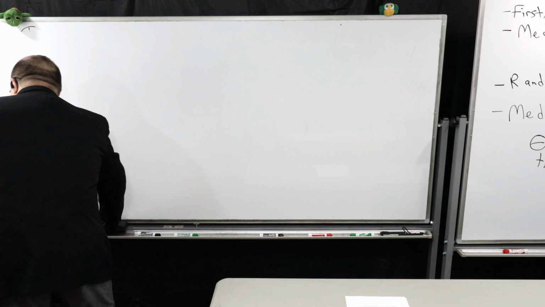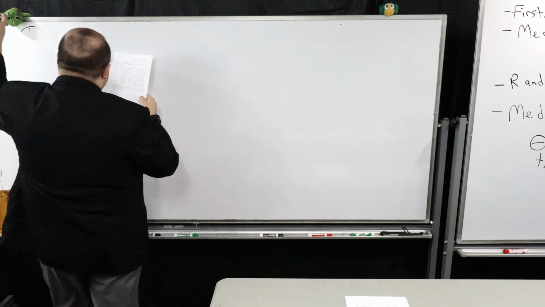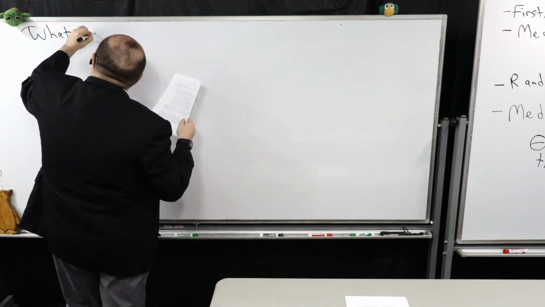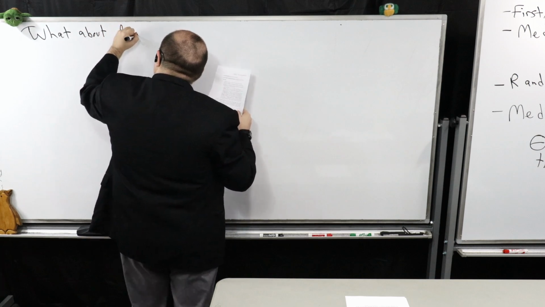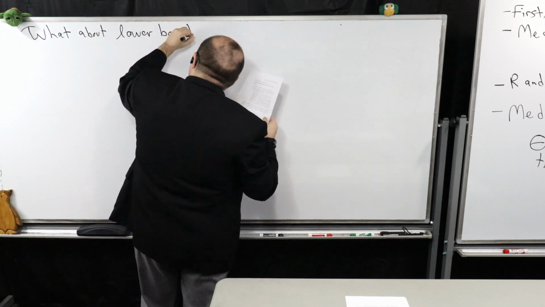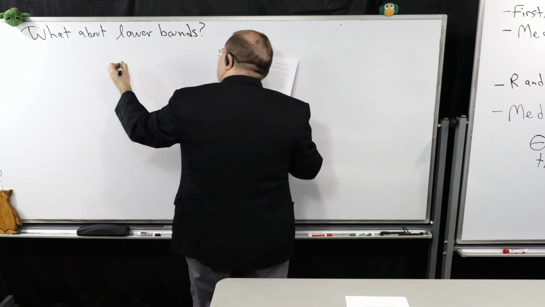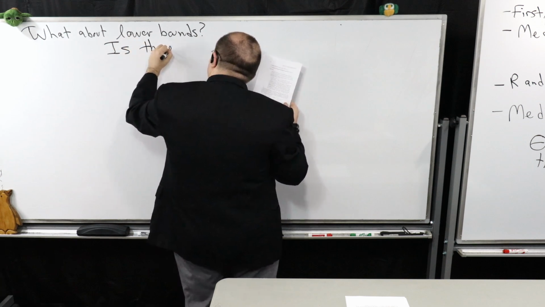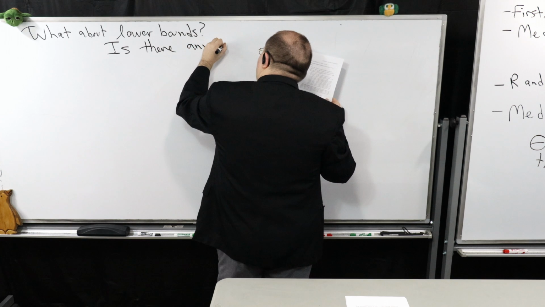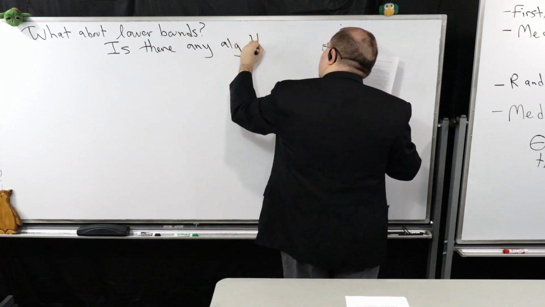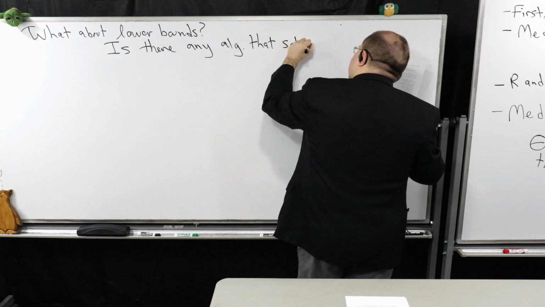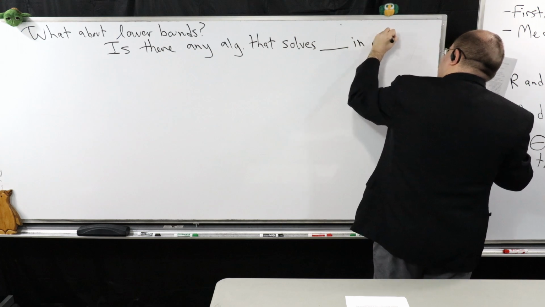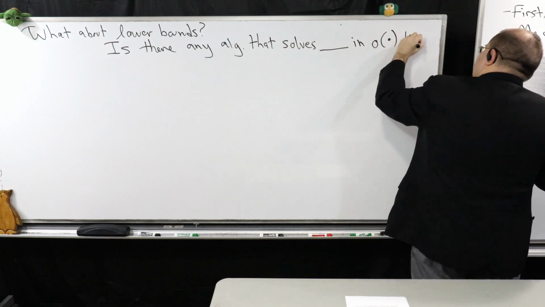So the natural question that complements this one is, what about lower bounds? To pose this question, it's very much like me asking, is there any algorithm that solves blank in little o of something time?